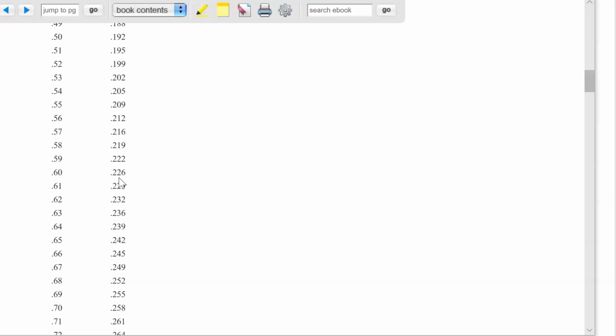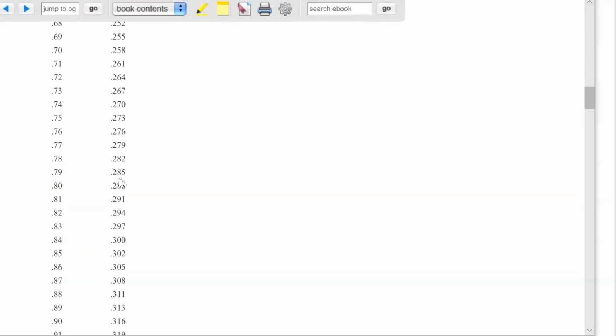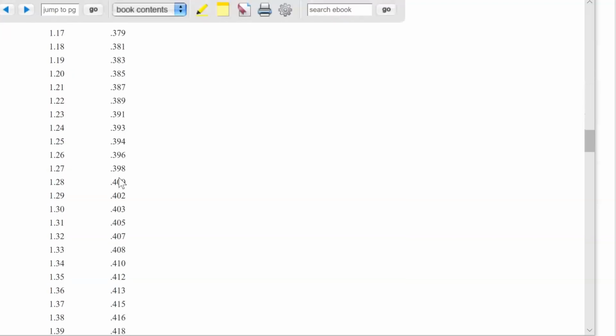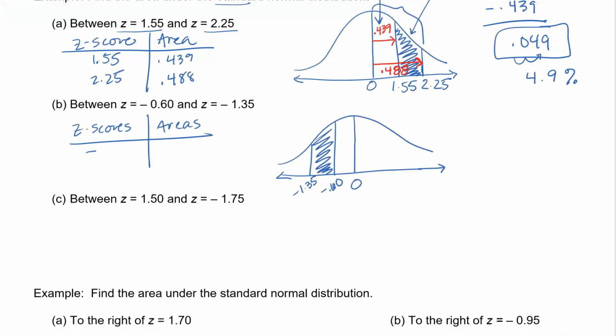Okay, and then if we look it up for 1.35, see, we're down here, we're at 0.412. Okay, so I'm just going to write those down. So negative 0.60 has an area of 0.226, and negative 1.35 has an area of 0.412.